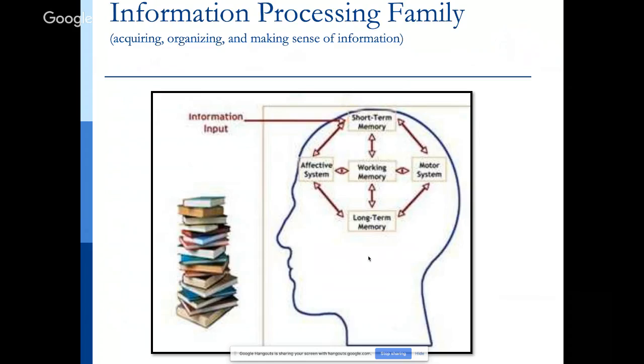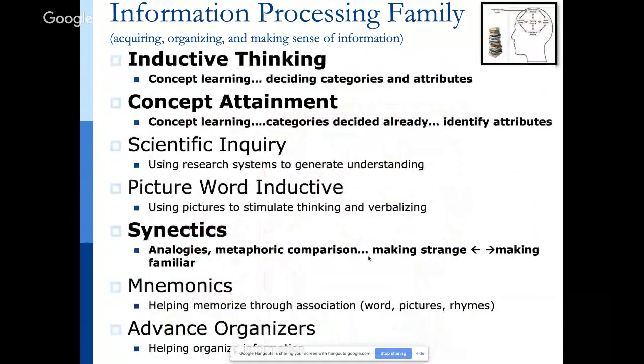So a lot of things that we do in our minds and our mental efforts really inform this family of teaching models. Again, here's a list of some strategies related to this family of models. I'm not going through all of them, but we're going to read about it.